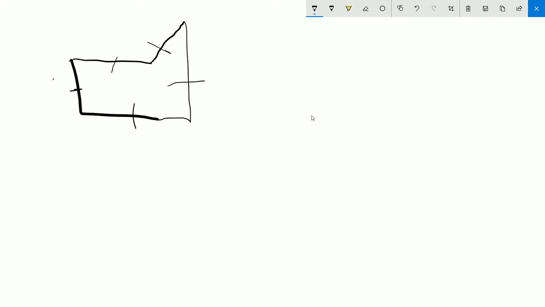First, we need to see what kind of shapes this compound shape is made out of. So if you look at this area, if we draw a dotted line from here, we can see that we have a rectangle. You will probably be given the length of these sides.